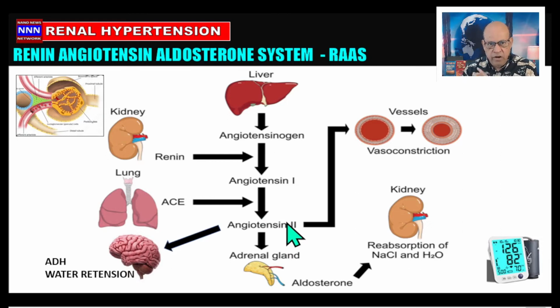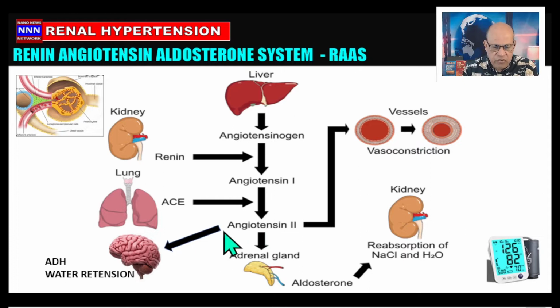It does a lot of harm to the body. Let's look at some of the aspects of angiotensin 2. Angiotensin 2 acts on the vascular smooth muscles throughout the body, causing severe vasoconstriction, leading to increased systemic vascular resistance, hypertension, both systolic and diastolic.